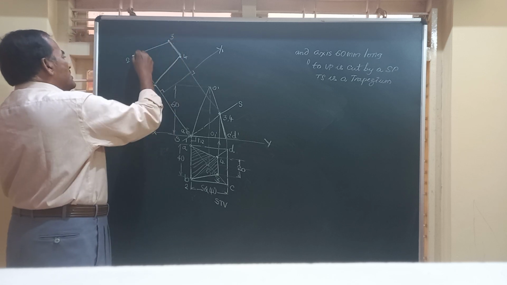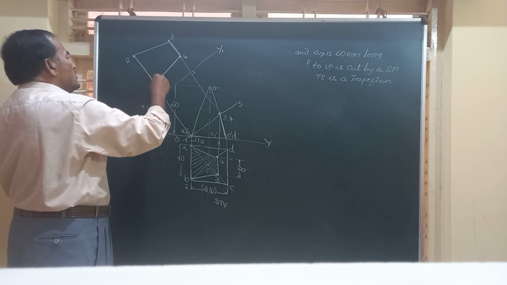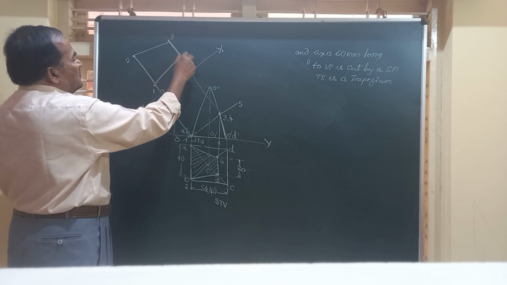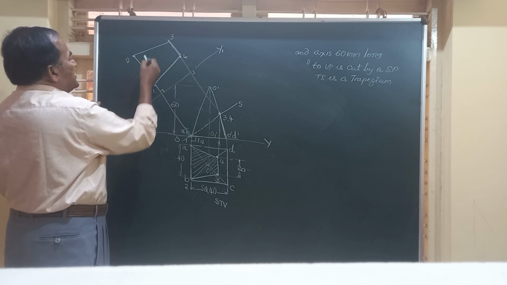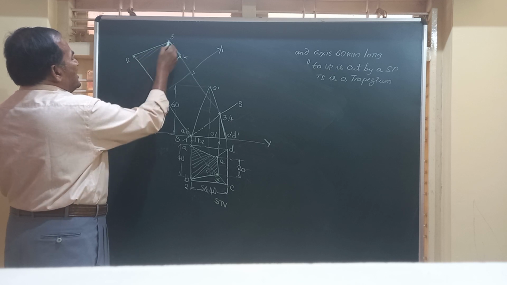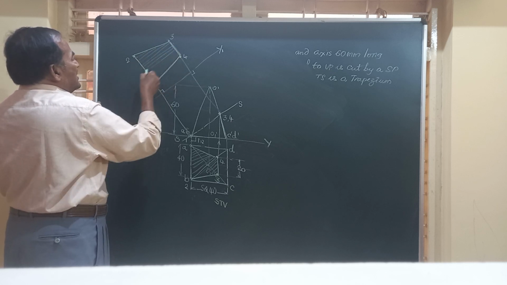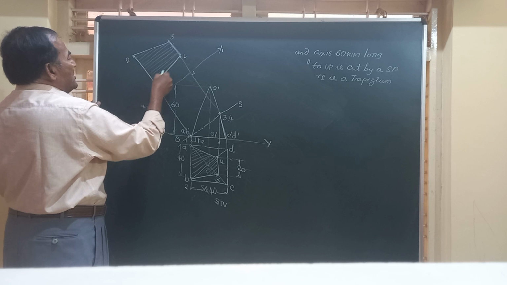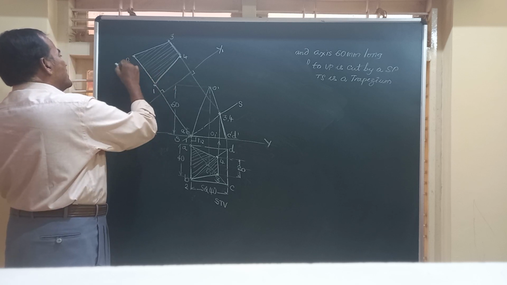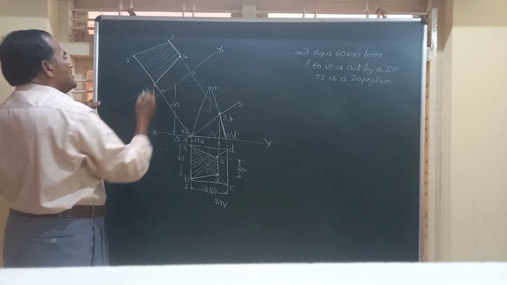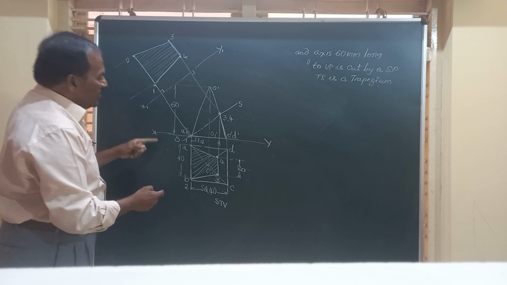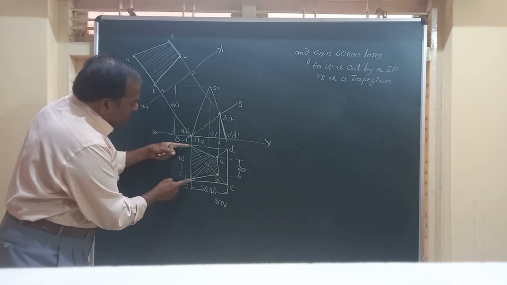So I have joined 1 to 2, 2 to 3, 3 to 4, and 4 to 1, and hatch it or section it by lines drawn at an angle of 45 degrees to the horizontal. And friends, you can observe here the distance between 1 and 2 is this distance.